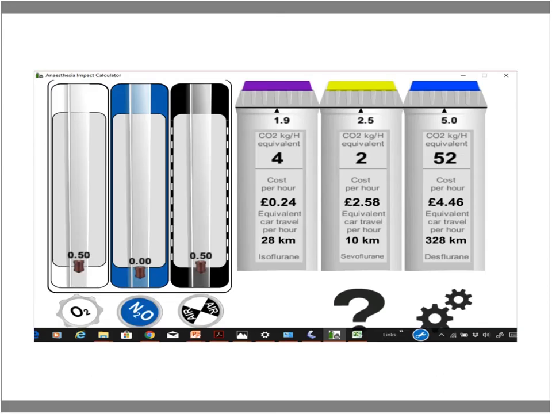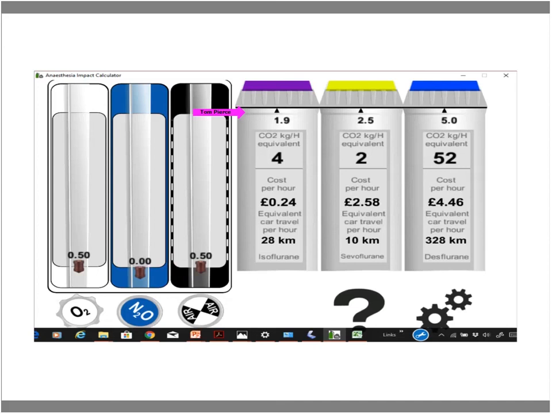I've chosen two examples. My first example is that of a patient receiving a fresh gas flow of half a litre of oxygen and half a litre of air per minute. That's the fresh gas flow. And in my first example here, I've set the vaporizer, in this case isoflurane, to 1.9%.